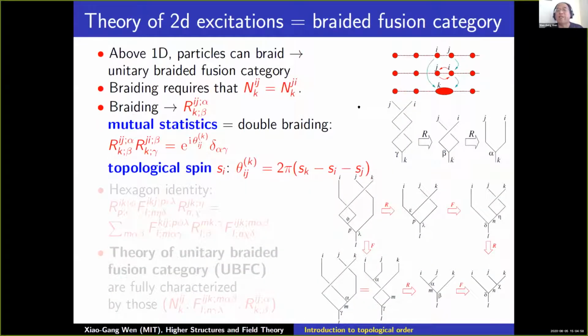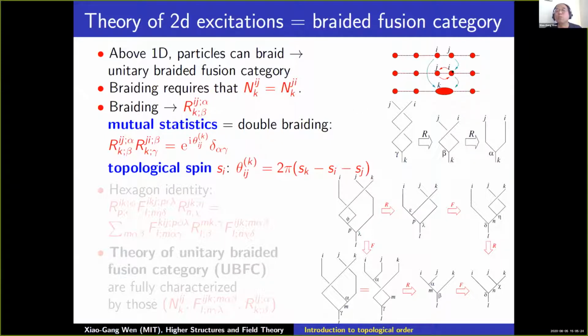In higher dimensions, we can still do fusion, because we can put the excitations on a line and then do fusion. But we can also do braiding. That's one extra thing we can do. In particular, we have a double braiding, which is like a mutual statistics.